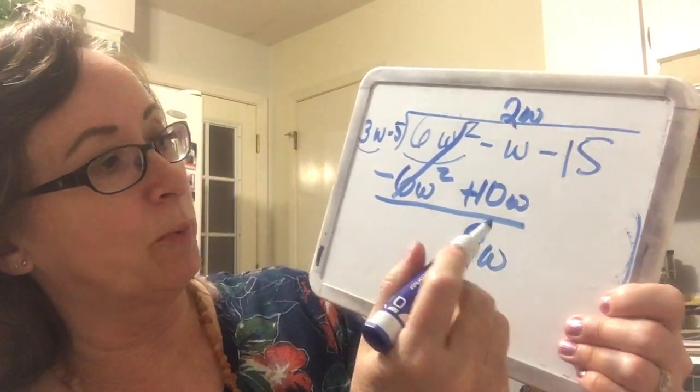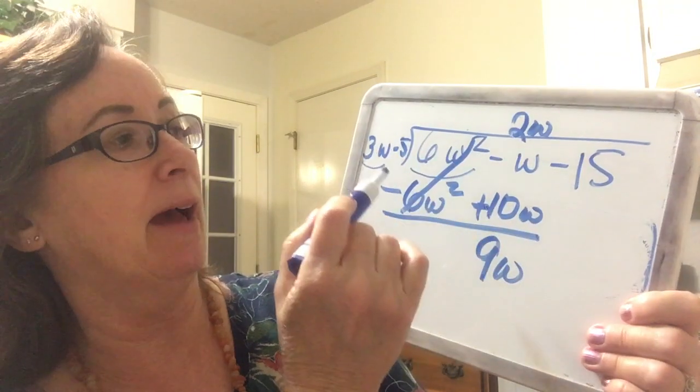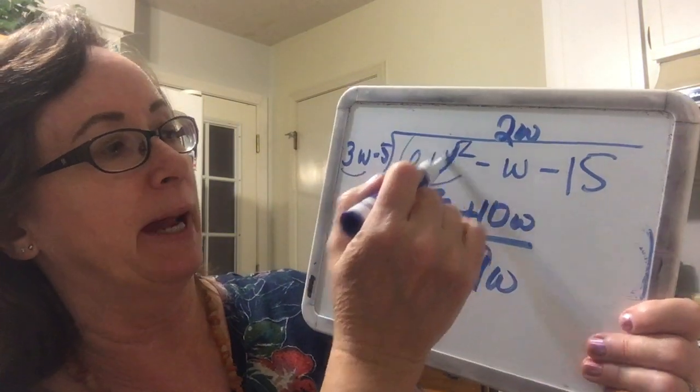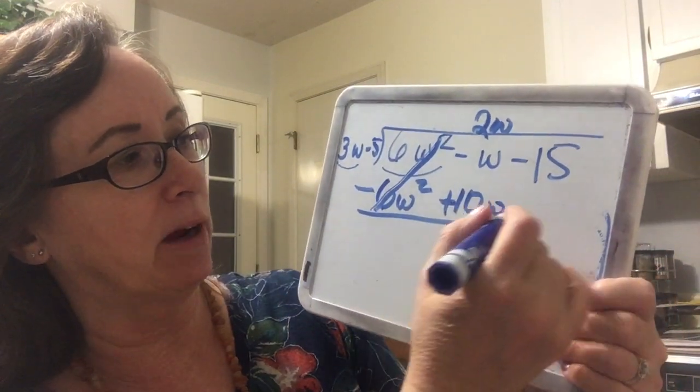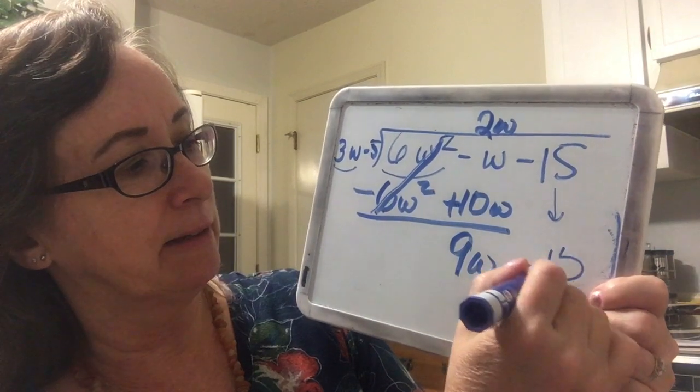So now we have divided, we have multiplied, we have subtracted our compare step, and we are going to bring down our negative 15.